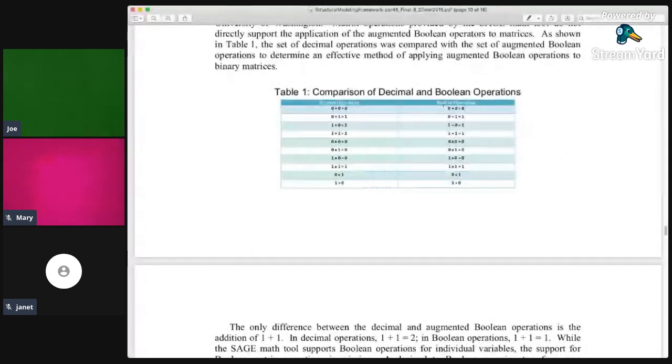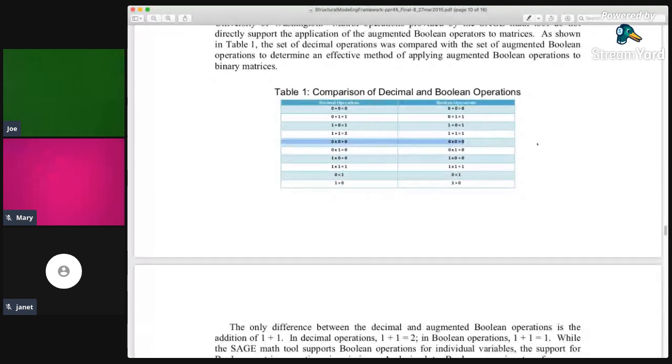So in the work we've done to this point with the augmented Boolean algebra, what we've done is use this observation that we have our decimal operators here and we have our Boolean operations here.